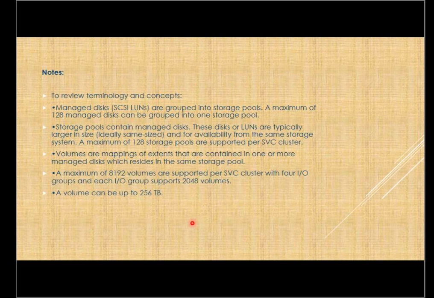Another point is a storage pool contains managed disks. These disks or LUNs are typically larger in size, ideally the same size, and for availability from the same storage system. A maximum of 128 storage pools are supported per SVC cluster. So in a single SVC cluster, you can have a maximum of 128 storage pools.